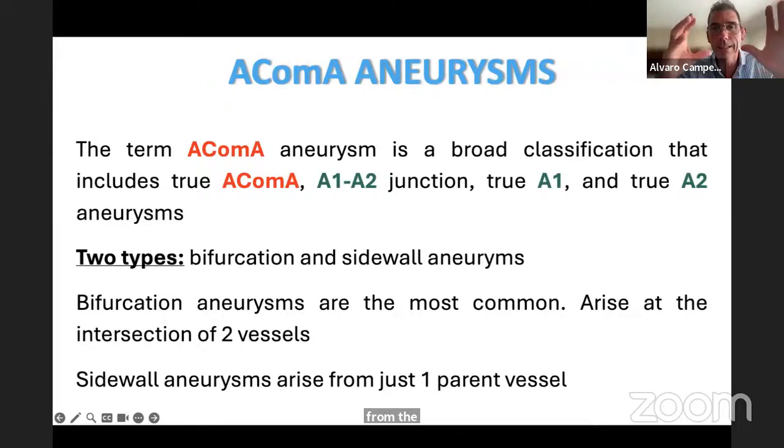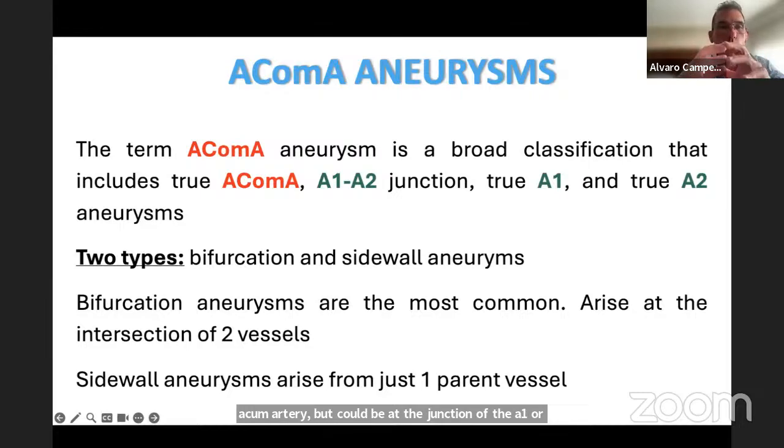They could be at the junction of the A1 or an A2, or through the A1 or through the A2, very close to the ACom artery.